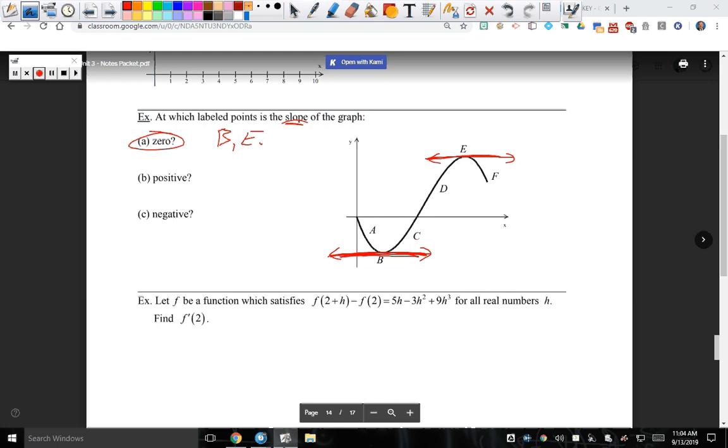That's C. And D. You with me? So the slope is 0 at x equals B and E. The slope is positive at x equal to C and D. And finally, it's negative where? At F.